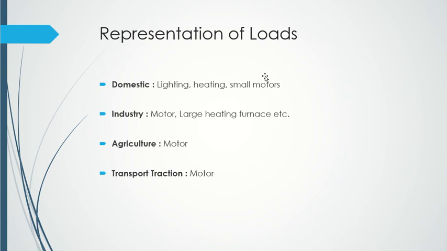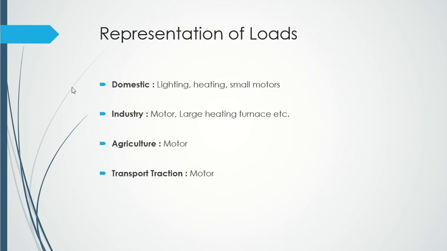Before going to that, you already know that the utility supplies power to a variety of consumers across the whole globe, and their demands will be different. Because of these different demands, we need different types of loads. So let's quickly go through it.